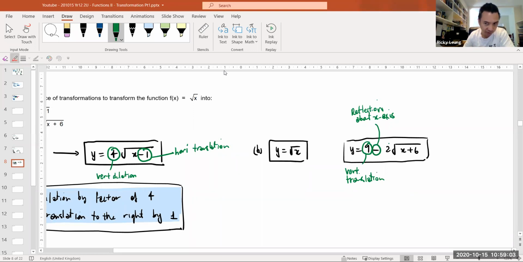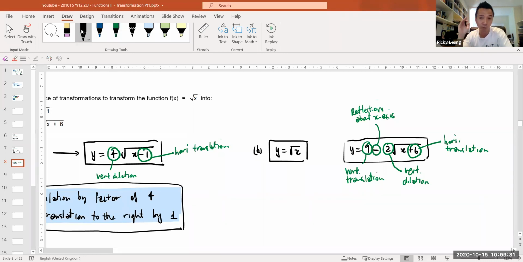There's a 2 in front, which we know, old syllabus talk, is steepness. New syllabus talk, vertical dilation. And then there's a +6 inside the function. Old school talk, shift 6 to the left, but this one's horizontal translation. So there's 4 transformations at play.